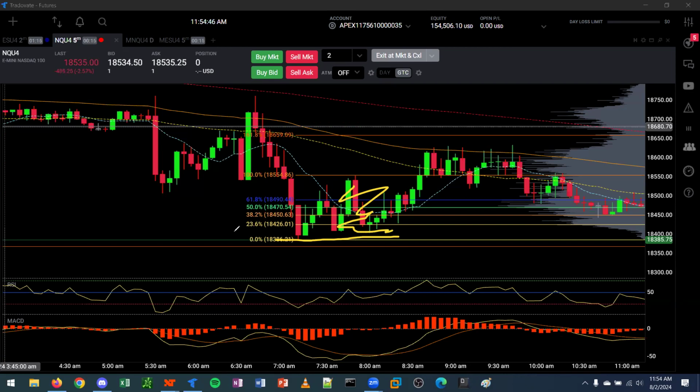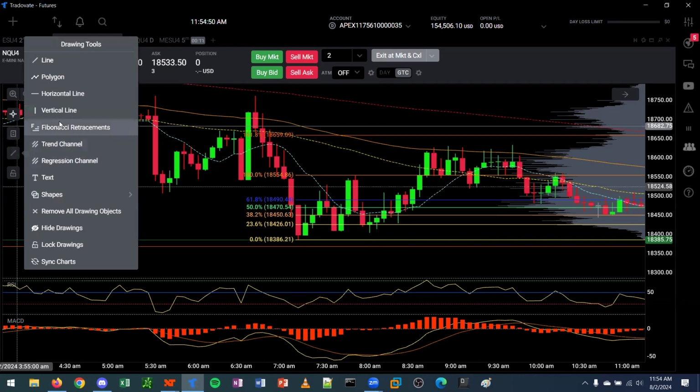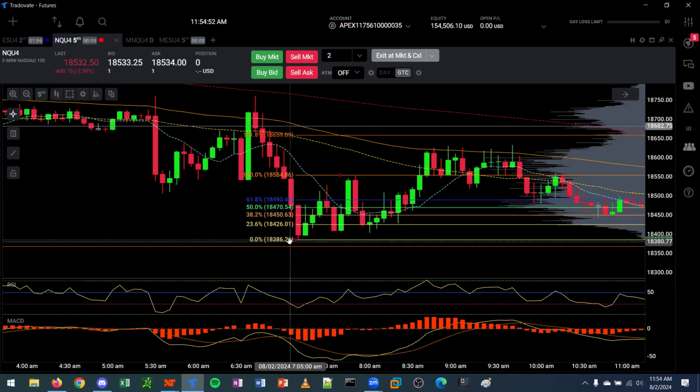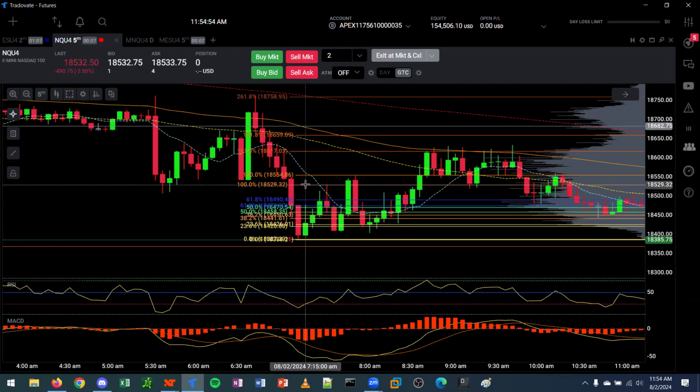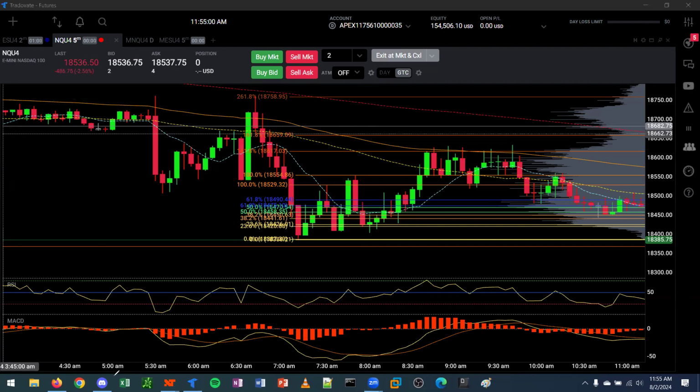And as you can see, the fibs will kind of stack up on top of each other. From there to there. As you can see, it's a little messy, but we got the fib right here. The golden pocket is all right here.